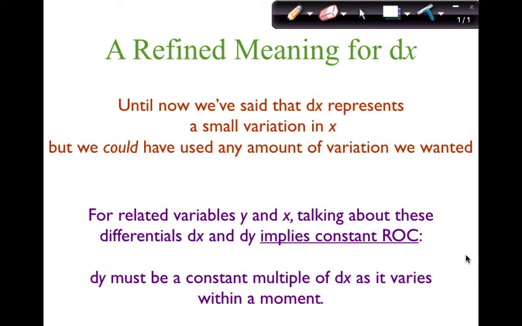So it's not that we just get to use the number once and then we're done with it. It's that you can use this number within small moments for any smaller interval, whether it starts at the beginning and goes to the end, or starts somewhere in the middle and goes a little bit forward. You can even use it to go backward. Now going backward in time sounds weird, but you could also talk about, well, if it was 0.05 seconds ago, how much closer was he to the starting line than he is now?